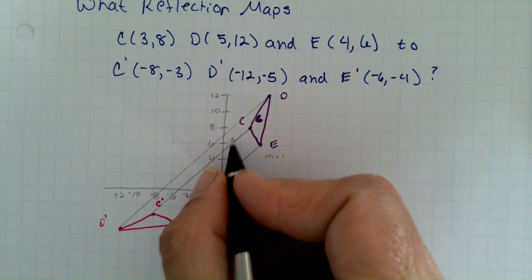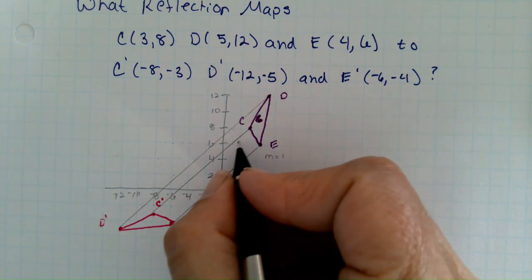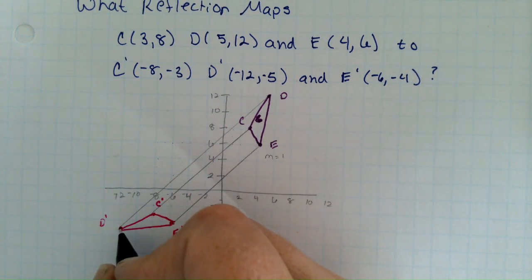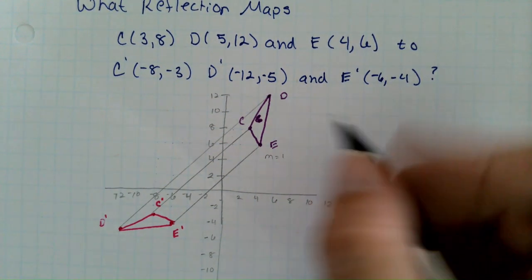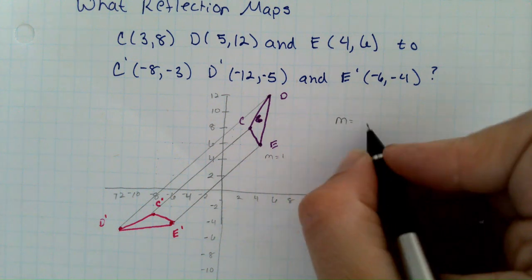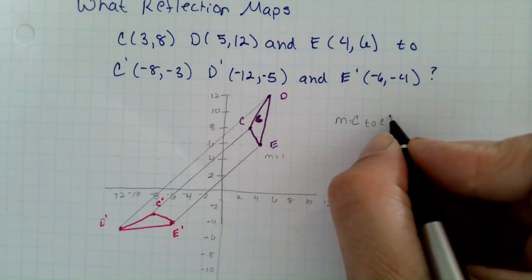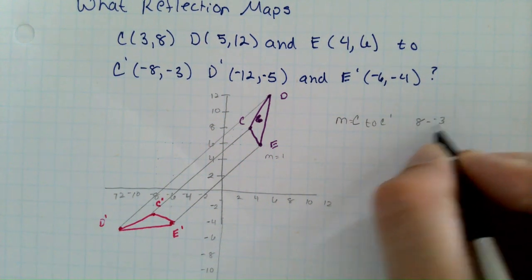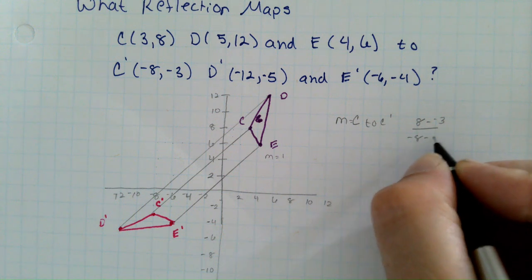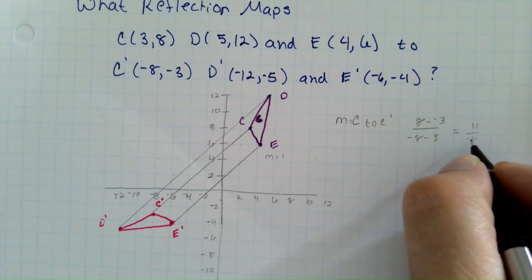I guess I should have gone up 10, 11, and over 10, 11. So up 11 over 11, still a slope of 1. Let's check this one. We could do this as well. The slope from C to C, we can do y minus the y over x minus the x. 11 over negative 11.